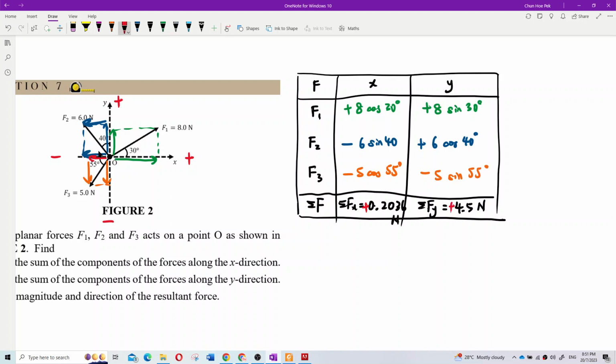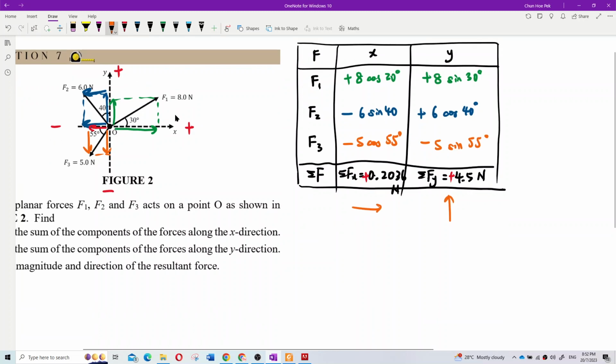That means the direction is going to the right. Fy positive means going upward. So the resultant force is actually going this way. Let me write it in another place.